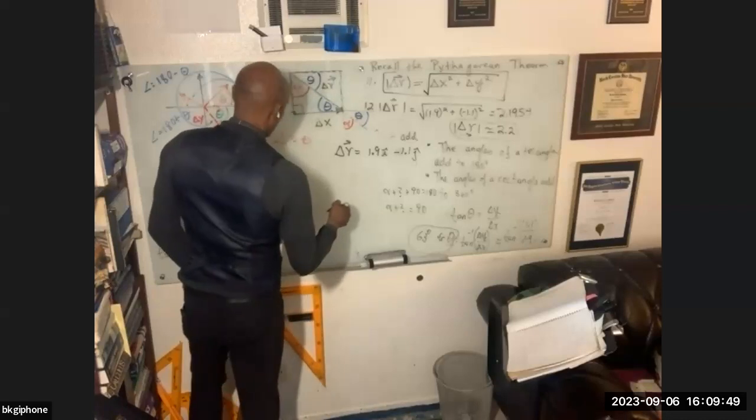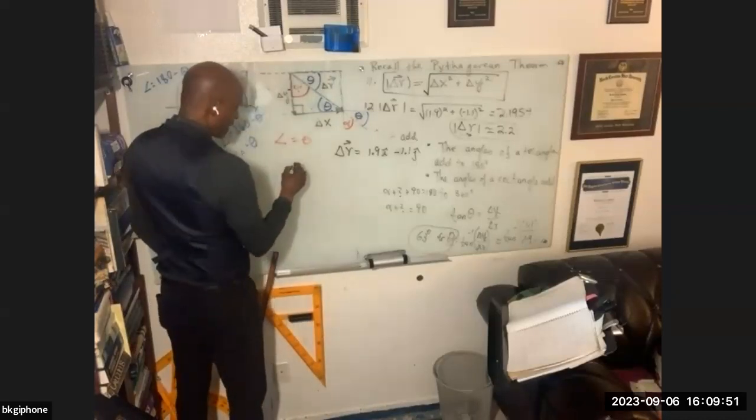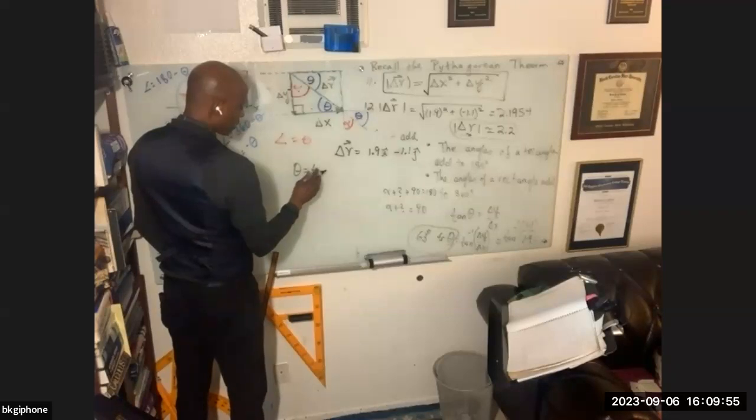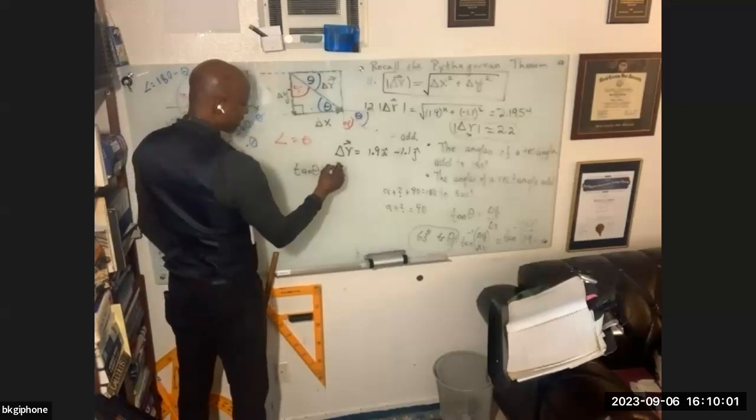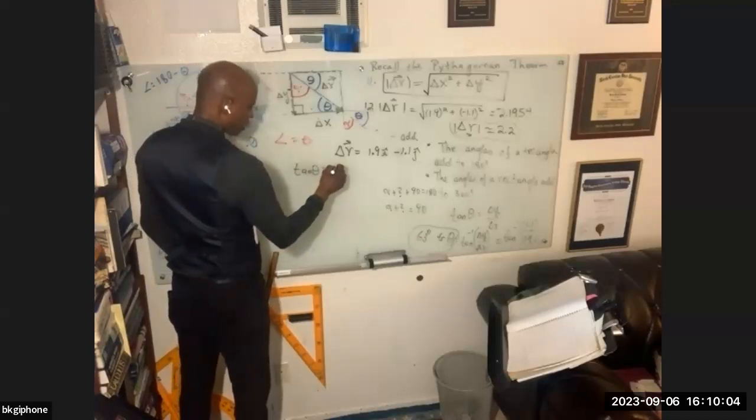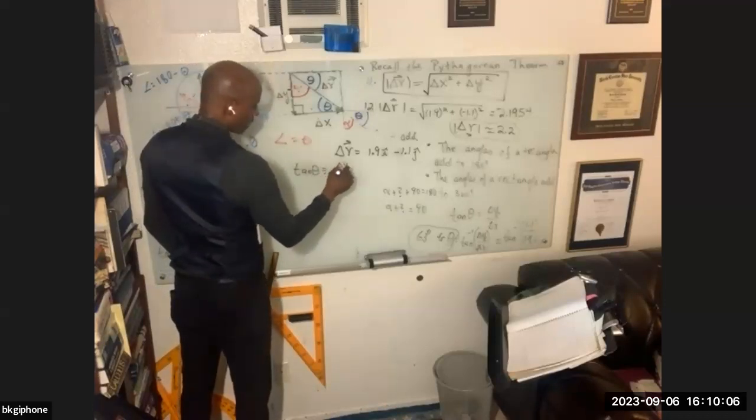So in that formula, the tangent of theta is defined as the absolute value of the y component, delta y, divided by the absolute value of the x component, delta x in this case.